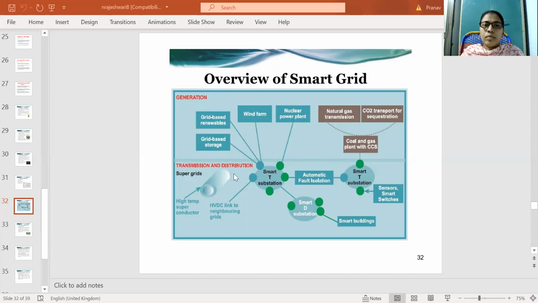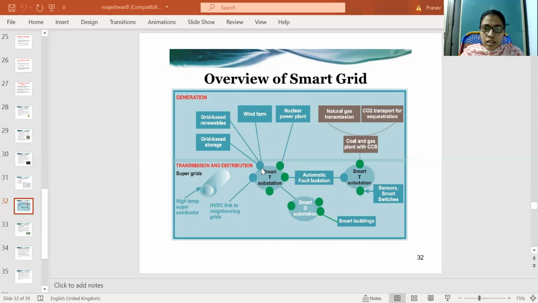These are some generations using renewable sources and generating the supplies. These will go to the smart T substation, and these are the super grids, with high temperature superconductor and HVDC linked to neighboring grids. So all these energies come to this smart T substation.